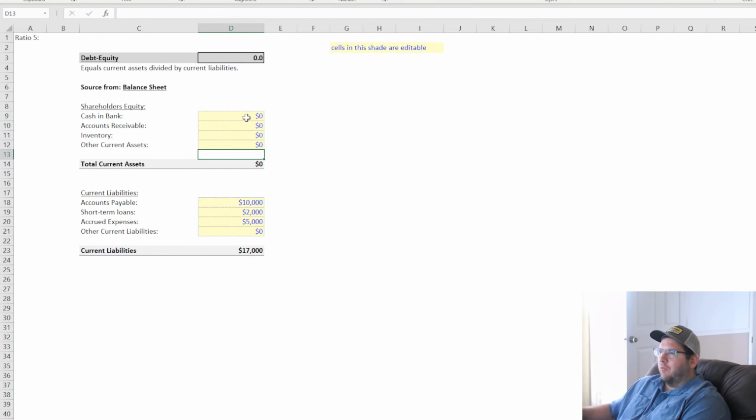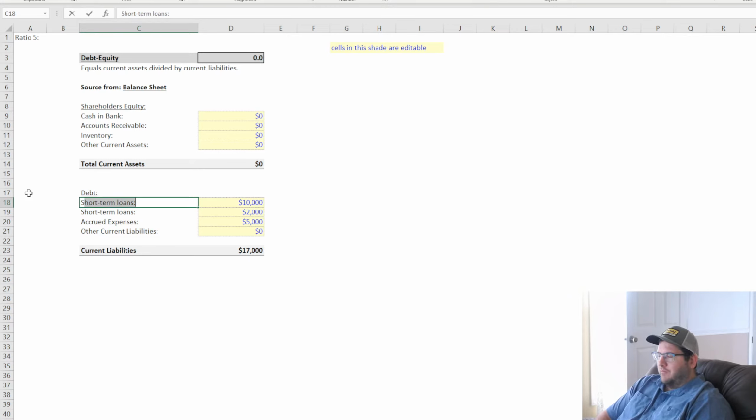So what items go into book value shareholders' equity is what we need to figure out. And then current liabilities, we don't want. We want debt. Now this is easy. This is just short-term loans, long-term loans.